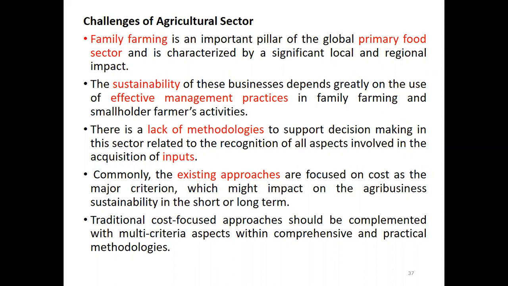Traditional cost focused approaches should be complemented with multi criteria aspects within comprehensive and practical methodologies. So this is about the challenges in the agricultural sector.